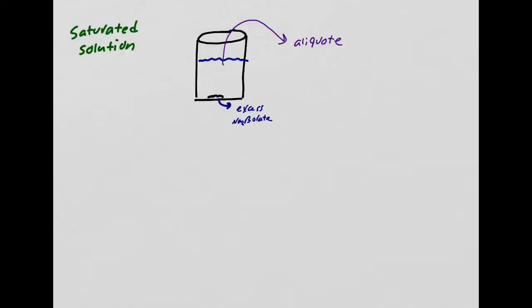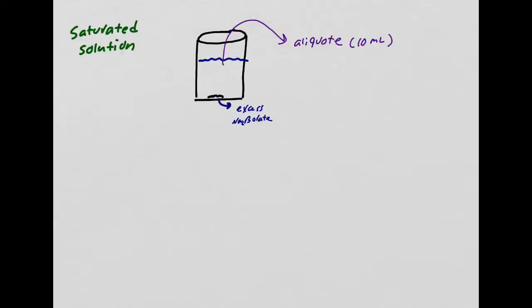So we're going to take an aliquot, which means a sample of this solution, to analyze it. I think we're going to take 10 ml of this solution. Again, we don't need the entire solution. We can take a sample and we call it an aliquot. So we're going to take a 10 ml aliquot of this solution and analyze it.